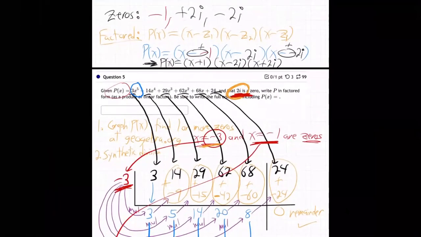Whenever you have 2i being a 0, guaranteed also -2i is a 0.